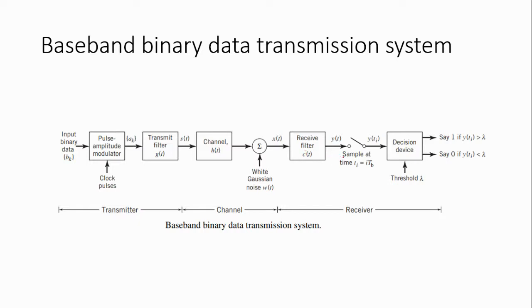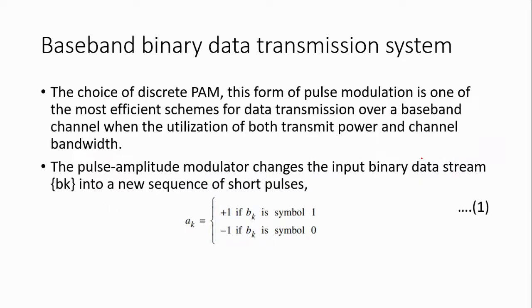The output is sampled every Tb time period and given to the decision device. Depending upon the threshold value, the binary value is determined from the given input. The decision device decides whether the value is 1 or 0. This is the baseband binary data transmission system.